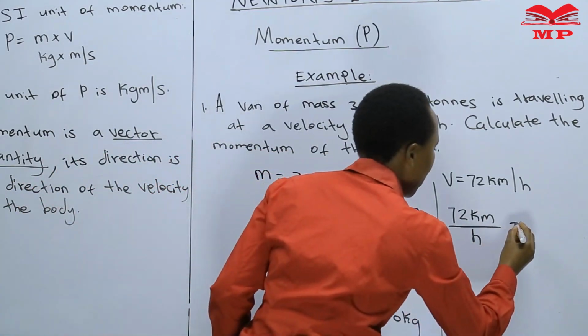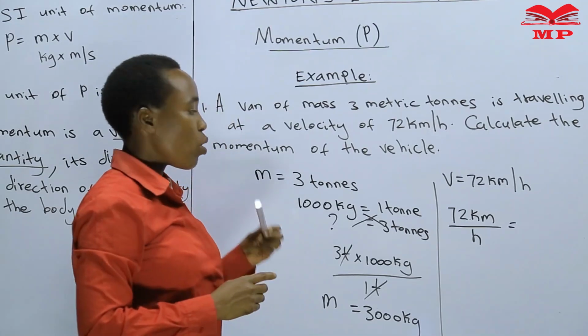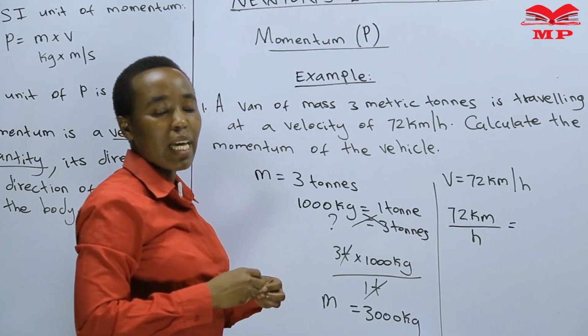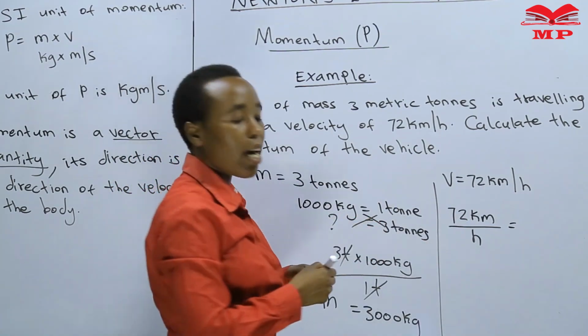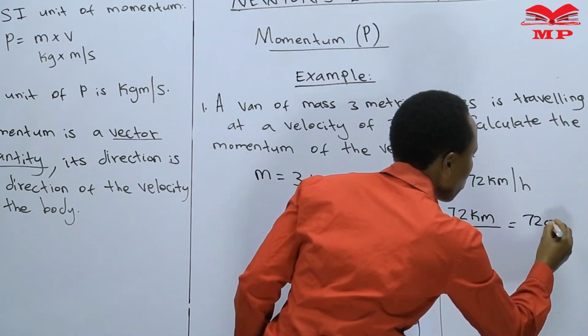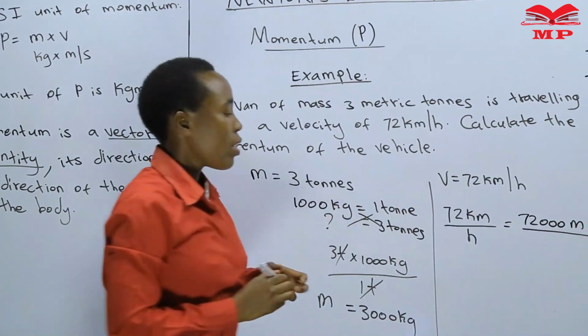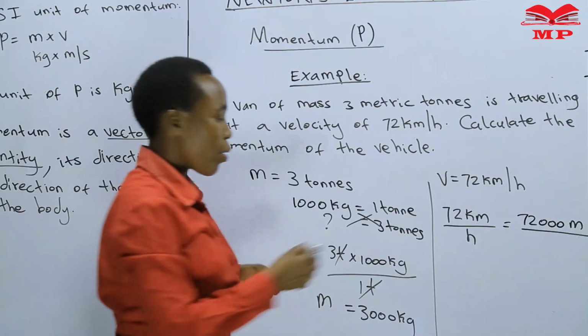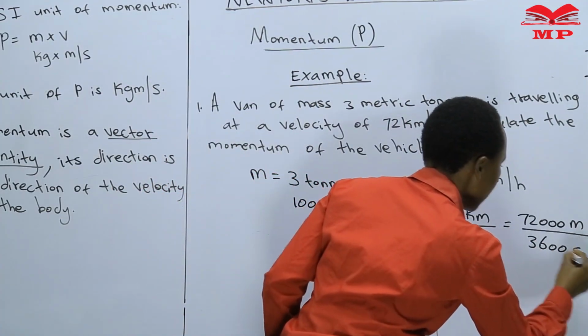We change 72 kilometers into meters. We know that 1,000 meters make 1 kilometer, so we multiply 72 by 1,000 to get 72,000 meters, all over 1 hour, and 1 hour is equivalent to 3,600 seconds.